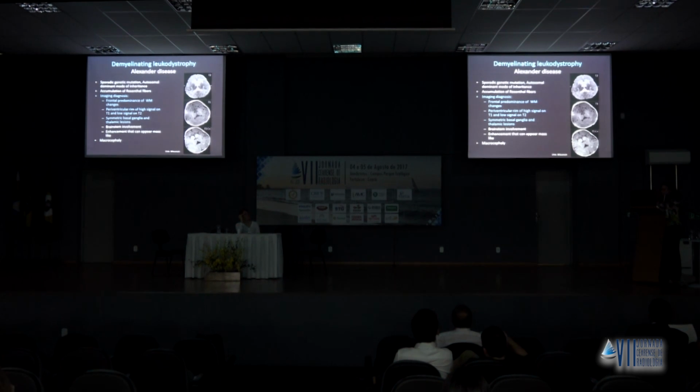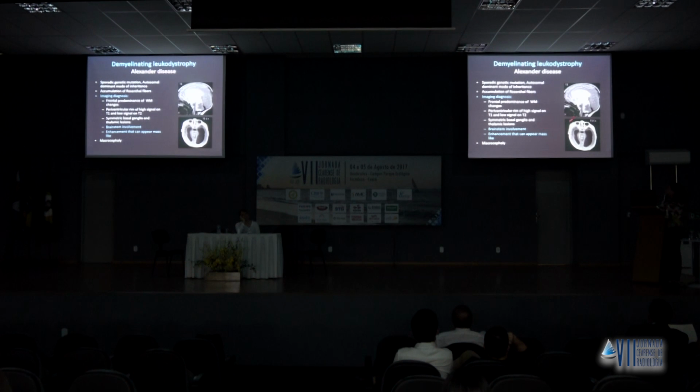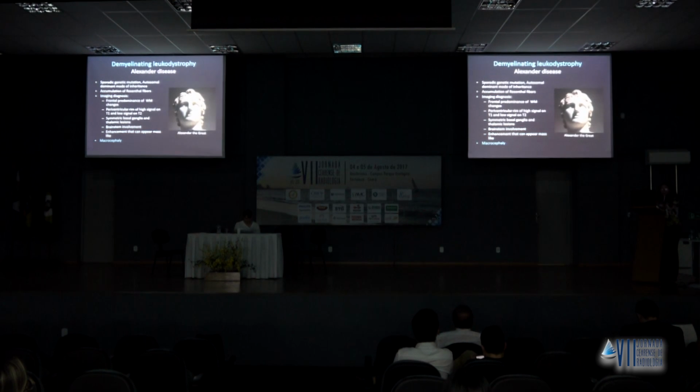You can have involvement of the brainstem right here with enhancement. They can actually be confused with a tumor like this child was right here. So it's very interesting how these Rosenthal fibers affect the appearance in Alexander's disease. Also characterized by macrocephaly. I like to remember it Alexander the Great with the big head. So that sort of helps me.